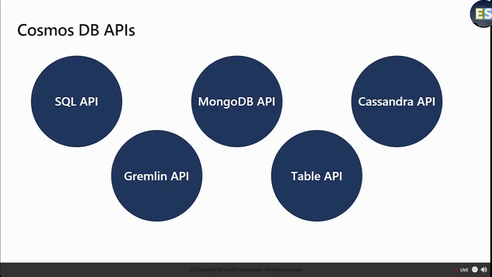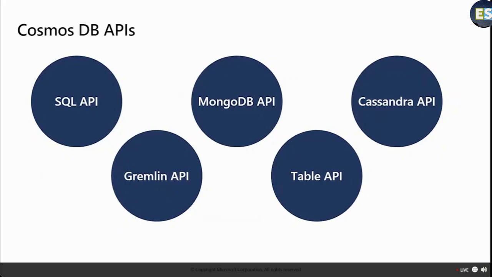So Cassandra API requests are mapped to Cosmos DB document requests. Just like the MongoDB API, the primary purpose of the Cassandra API is to enable you to quickly migrate any of your existing Cassandra databases and applications to Cosmos DB without having to make many changes.